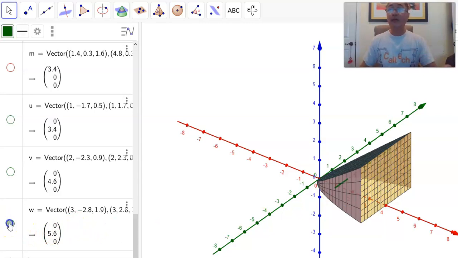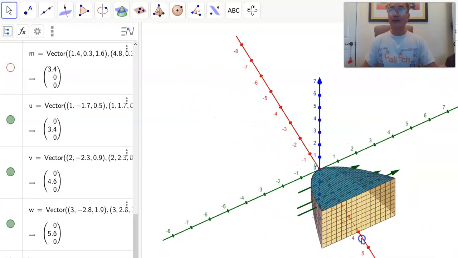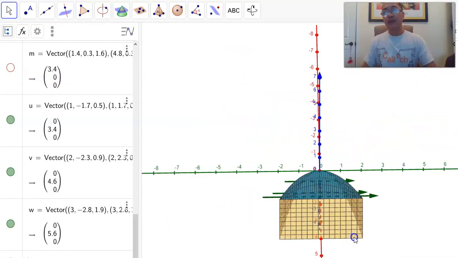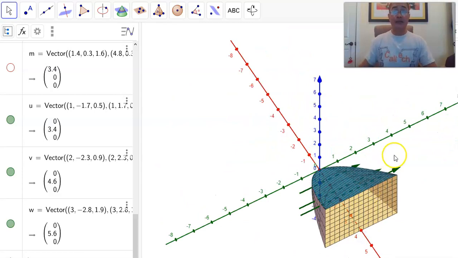Okay, so I believe, yes, those are the arrows that I have made. Pew, pew, pew. Oops, not that one. Okay, so we have these 3 green arrows. I colored them in case you haven't noticed. I colored them the same color as the axis that they are supposed to be parallel to.